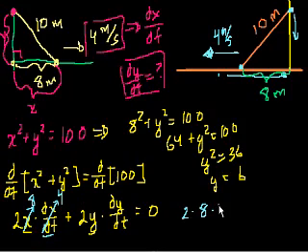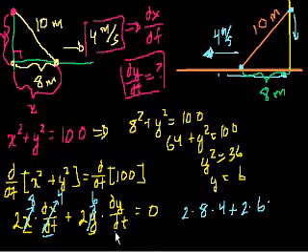So 2 times 8 times 4, plus 2 times y, and we just figured out that y is 6, so 2 times 6 times dy/dt, which is what we're solving for, is equal to 0.